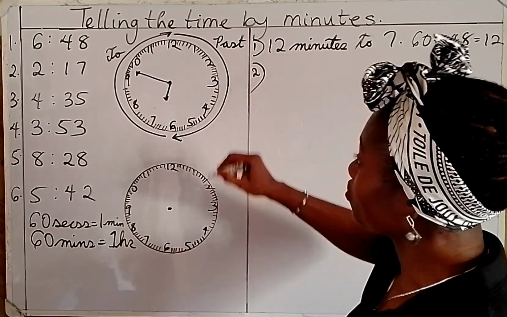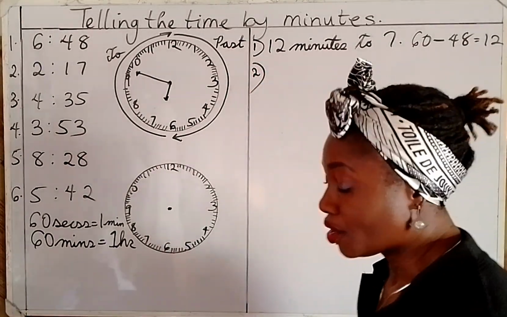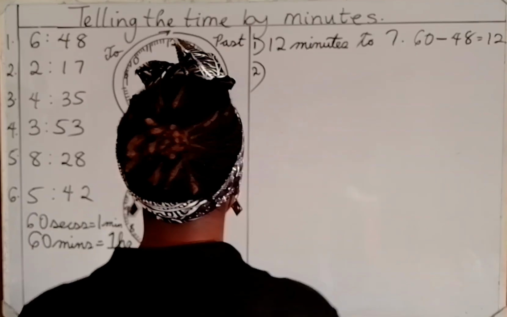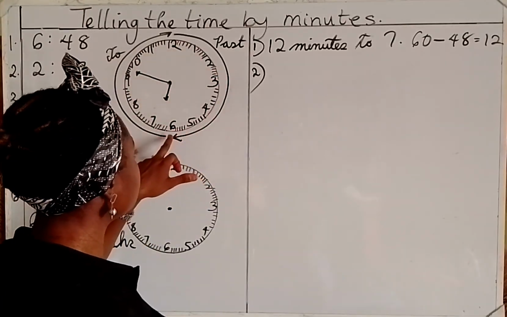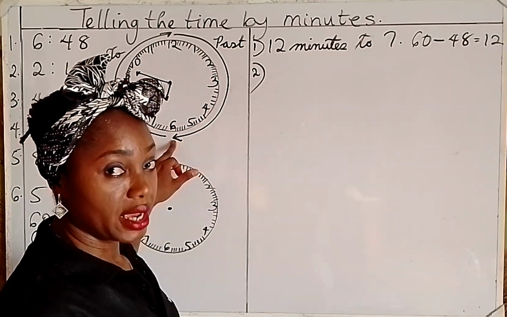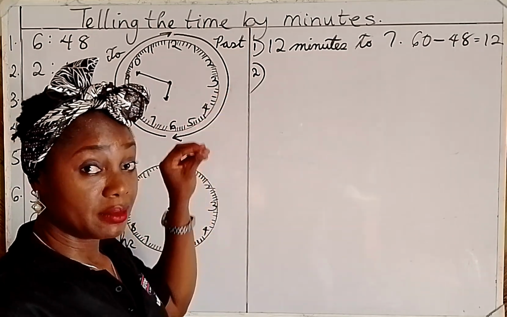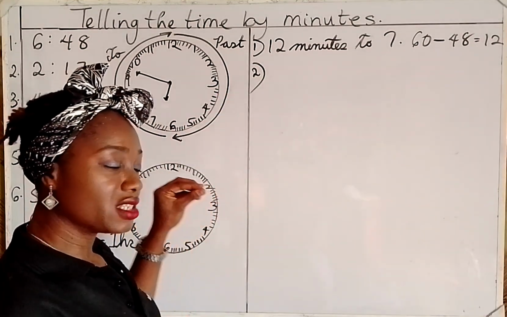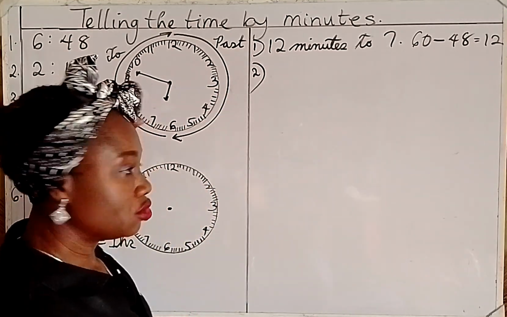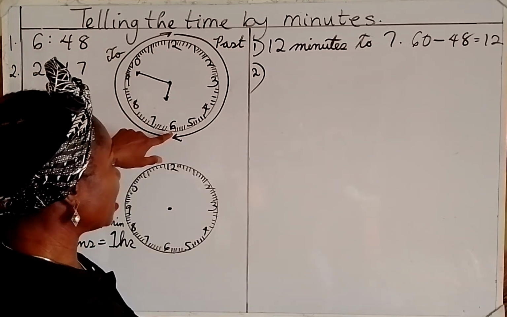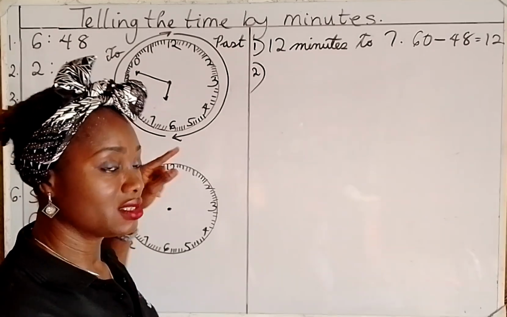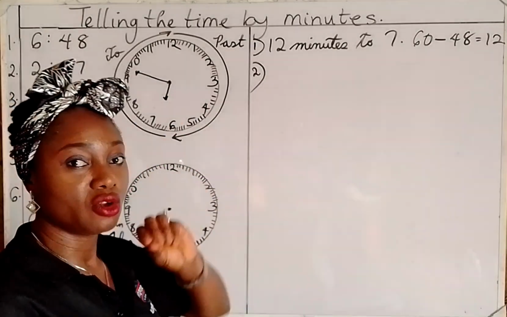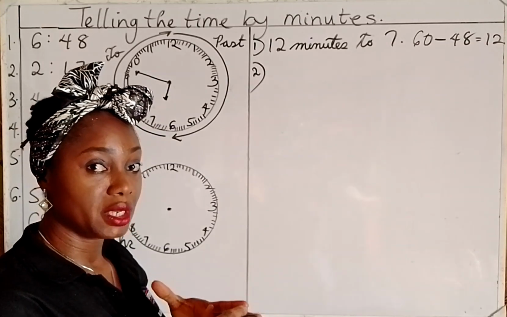Whereas question 2, we have 2:17. Remember, I said any number that is between 12 and 6, the time stands. It's only when the time has gone past 30 minutes that you can now subtract your answer from 60 minutes.